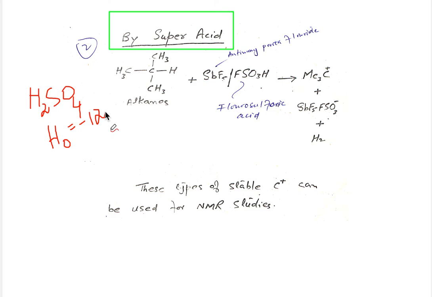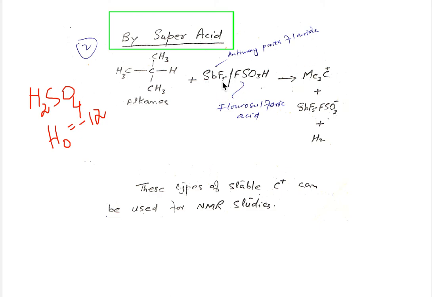So it means any acid with an even lower Hammett acidity function, an even lesser value than minus 12, is much stronger than 100% sulfuric acid. According to the modern definition, a superacid is a medium in which the chemical potential of the proton is higher than in pure sulfuric acid.